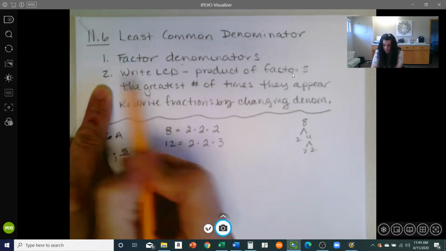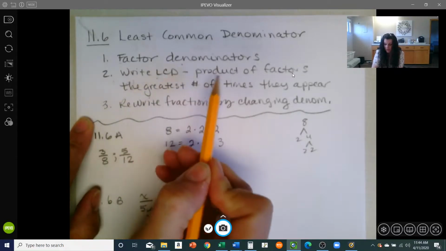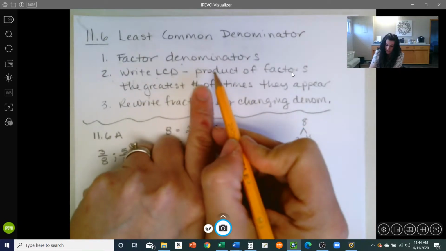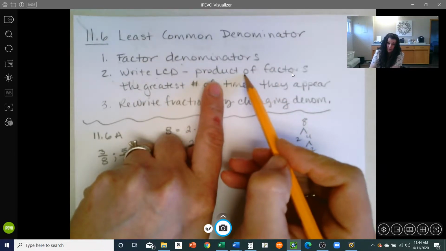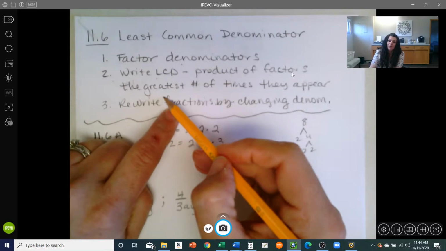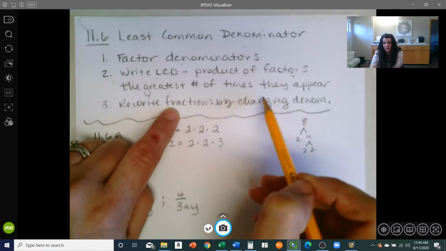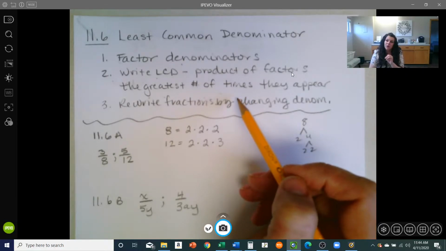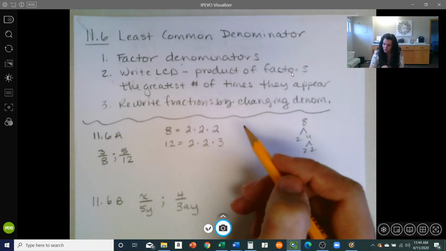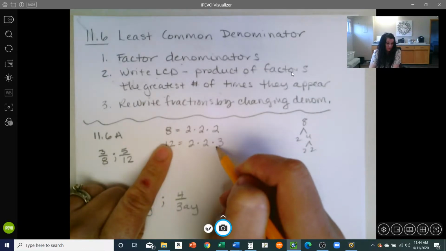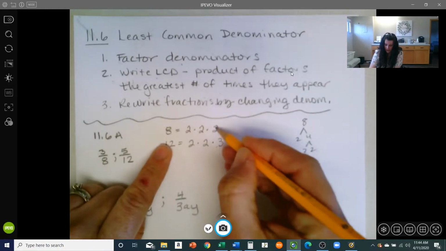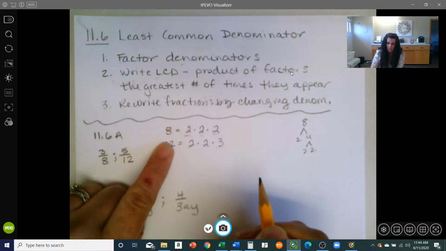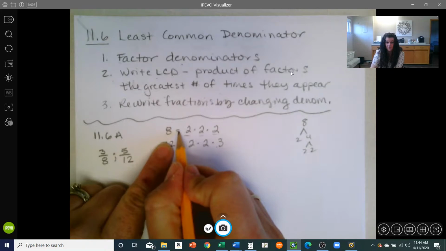So then number 2, I'm supposed to write the least common denominator by finding the product of the factors that show up the greatest number of times in each number. So the greatest number of 2's that show up in either factorization is 3, because there are 3 2's in 8.